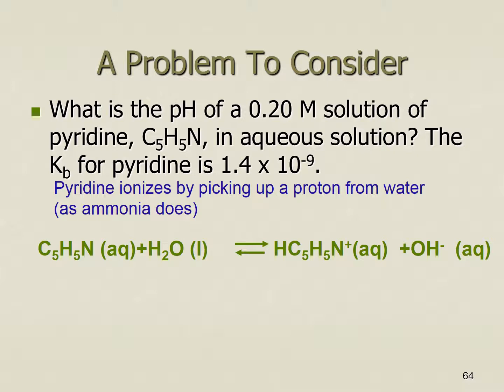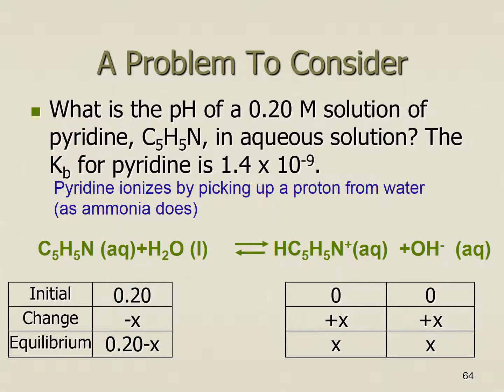All right, so here's our equilibrium expression. C5H5N plus H2O, again, the base picks up an H plus. It doesn't really matter where you put the H, but just to make things consistent, put it in the front. So HC5H5N plus OH negative.